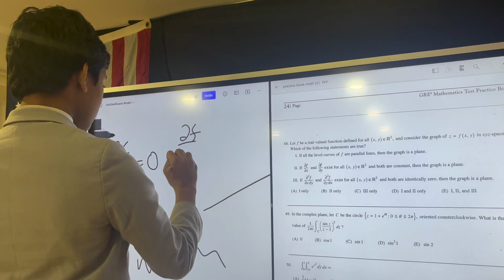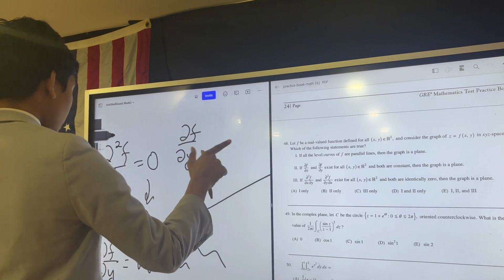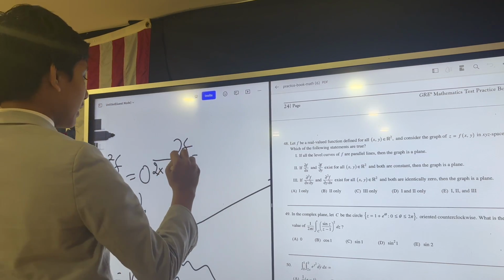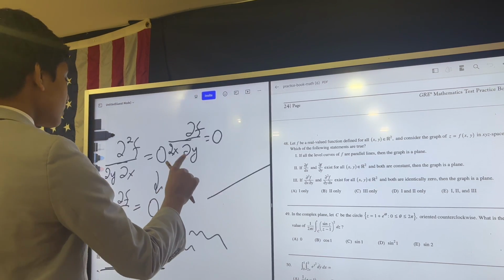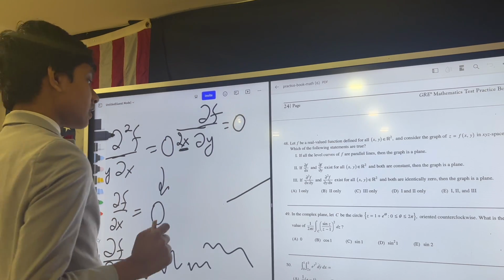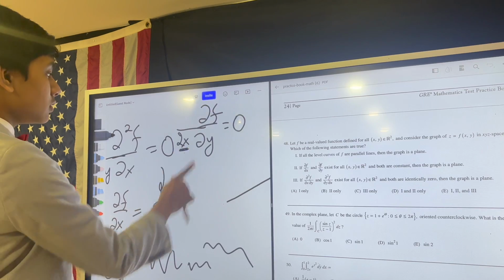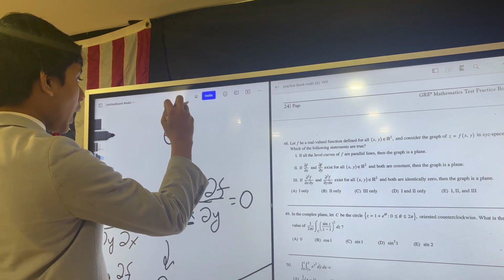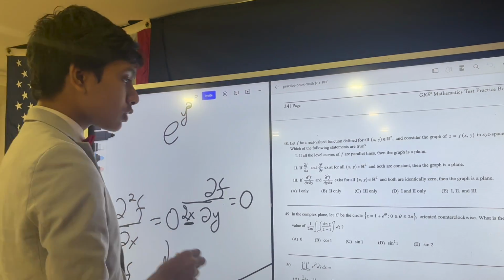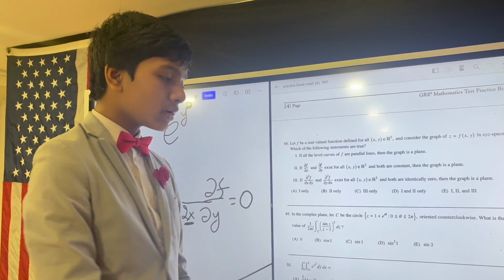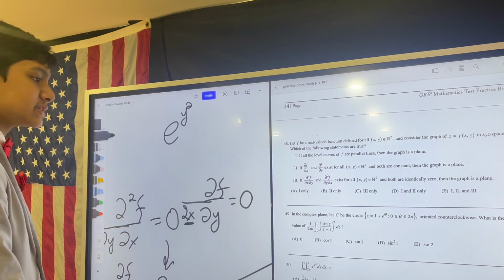And partial f partial y partial x could very well be equal to 0 as well, simply because the function doesn't depend on x. This one counterexample, like, I don't know, e to the y squared or something, works on both of these. But 2 doesn't have a counterexample.